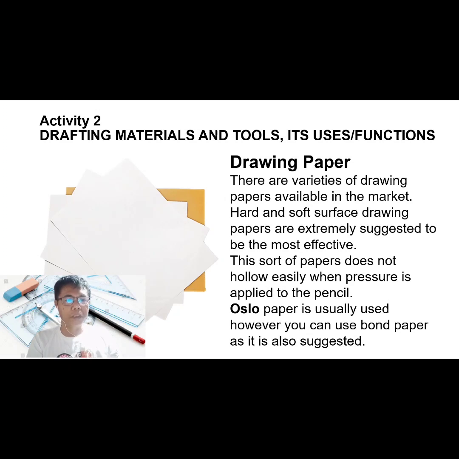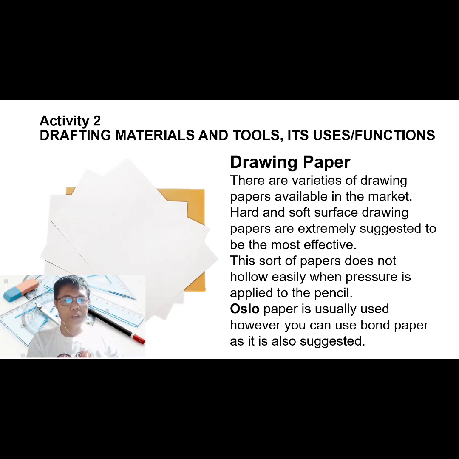This sort of papers does not hollow easily when pressure is applied to the pencil. Another type is Oslo paper, usually used. However, you can use bond paper as it is also suggested.